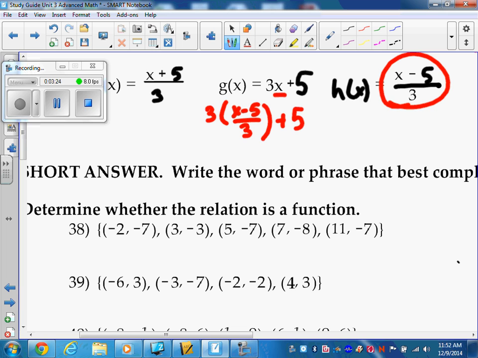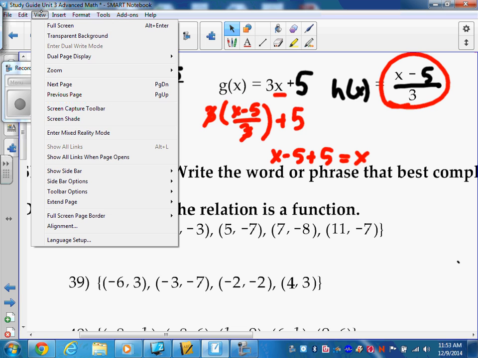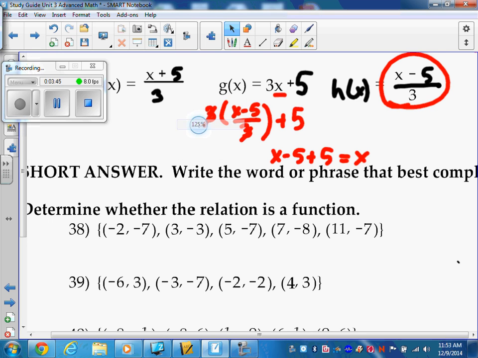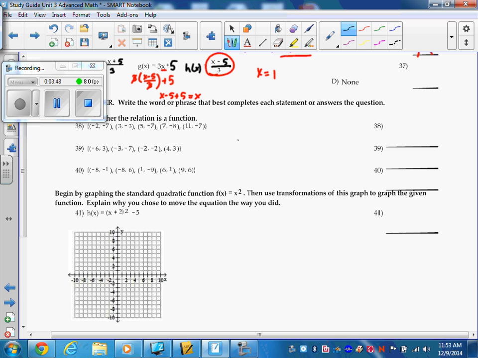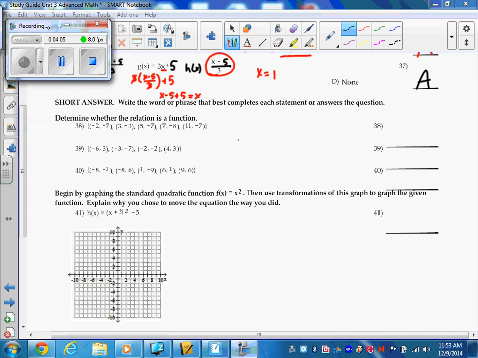If I get x, these two are inverses. The 3's cancel, and I get x minus 5 plus 5, and that's equal to x, because negative 5 plus 5 is 0. Since this is equal to x, these two are indeed inverses. So my choice, g and h are inverses, is choice A again. You'll notice that all the correct answers are A. That's definitely not the way it is on the test, so just be prepared.